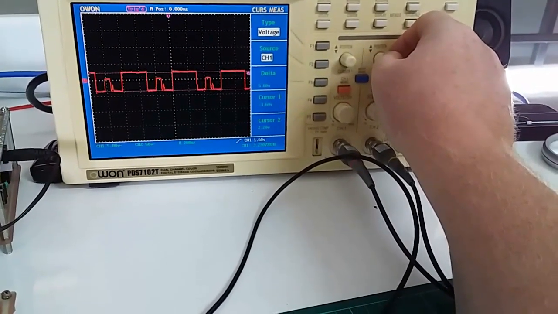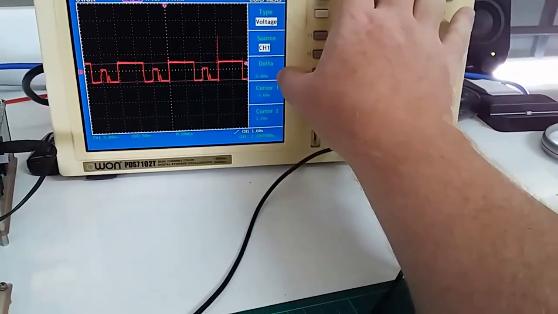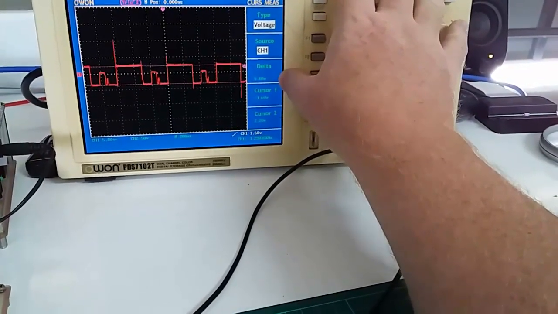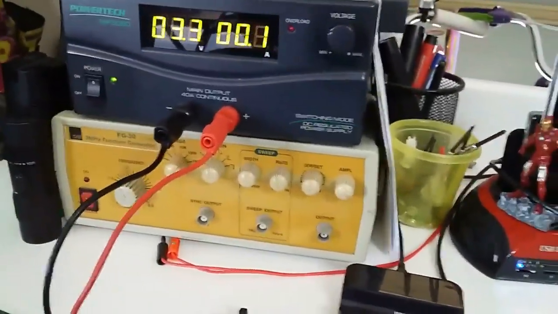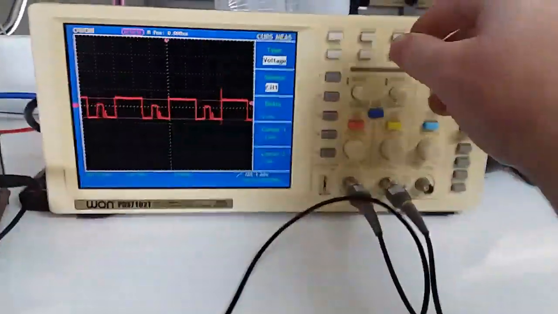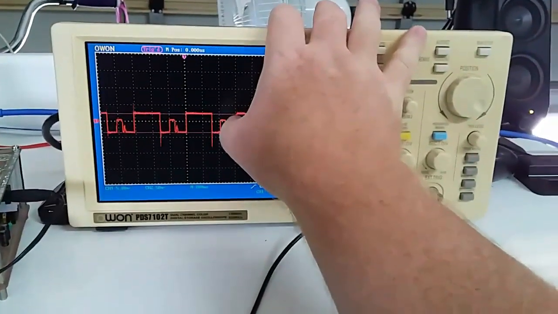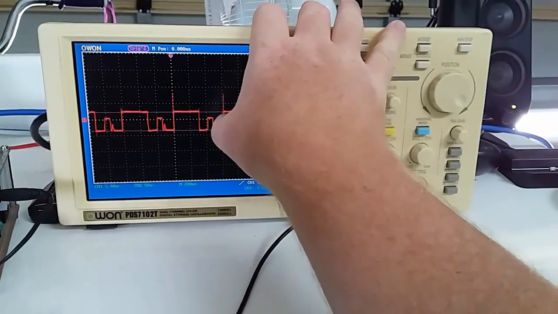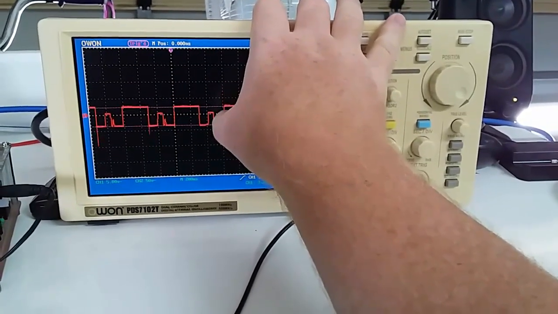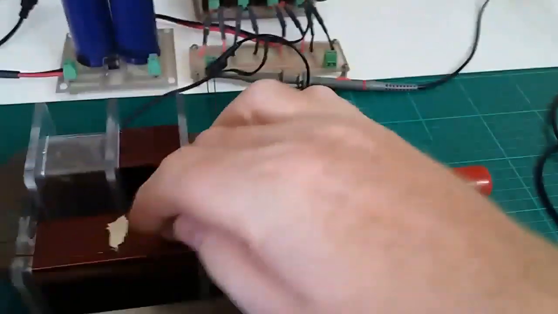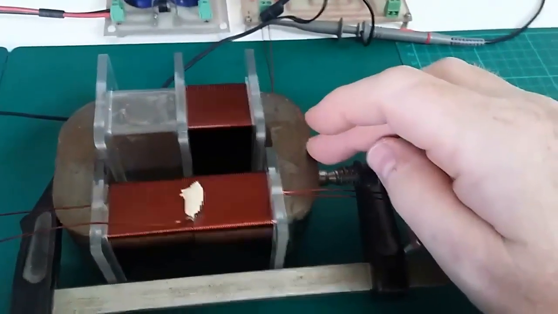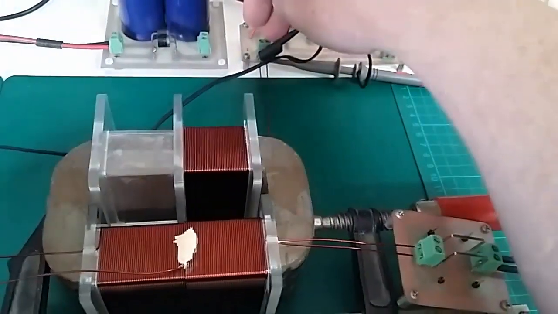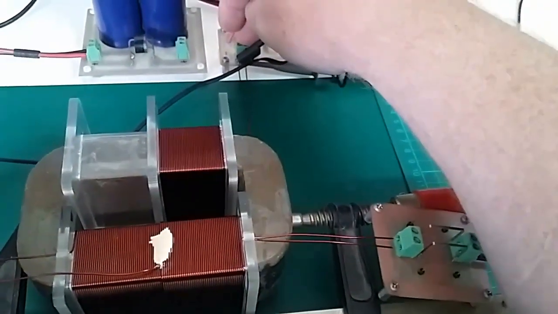Now this is an odd setup. You've got to remember we're at 3.3 volts on the PSU, but this little dicky bit in here is a bit odd. We've got to figure out why we're getting that, because if we disconnect the device under test and check our output, we don't get any of that.